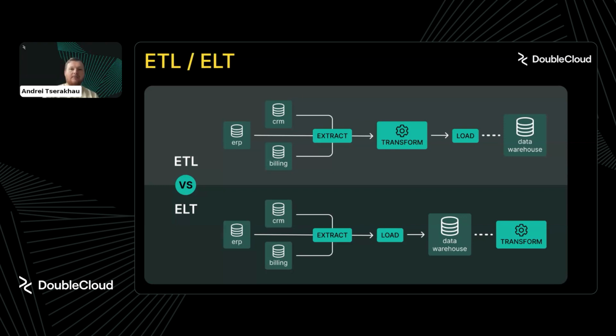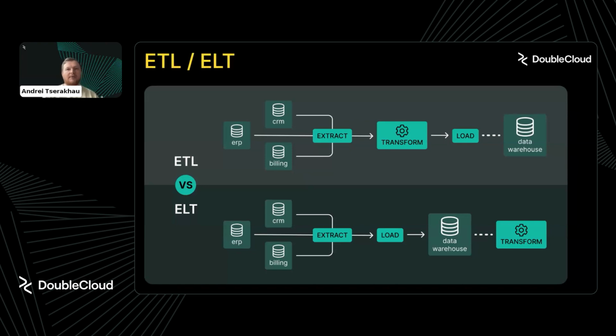Transformation can be done before load or after load, and there is no competition between those two approaches. Both of them are applicable, both work fine for most cases, but you need to understand that in some cases ELT works best, in some cases ETL works best.